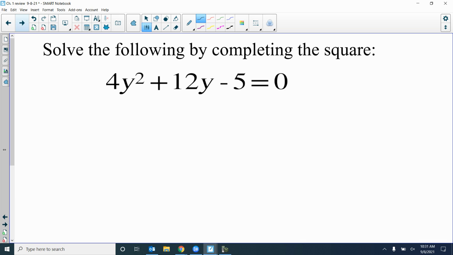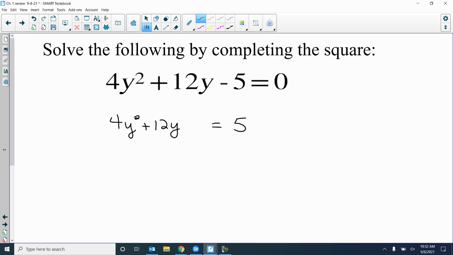Couple key things. Completing the square. This is the one where we want to move the constant over. So we want to make this 4y squared plus 12y equals positive 5. What do we have to do now? Okay. Divide by 4 to get rid of the coefficient. You got to get rid of that coefficient from the y squared.